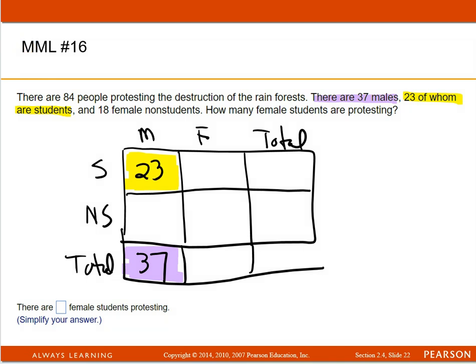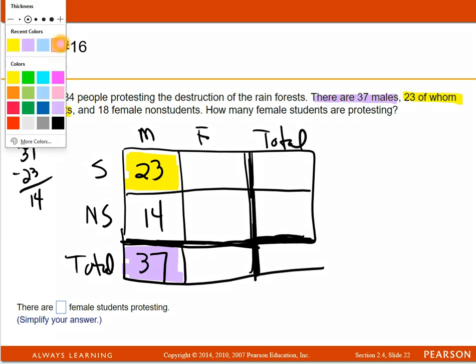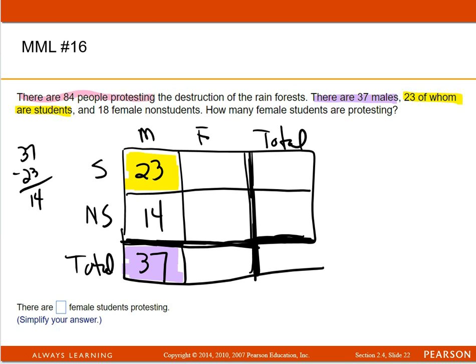So that means if I take 37 minus 23, there'd be 14 non-students. Does that make sense? Because this is a total right here. Total this way, total that way, and because it says there are 84 people protesting, that should be the total here, 84.